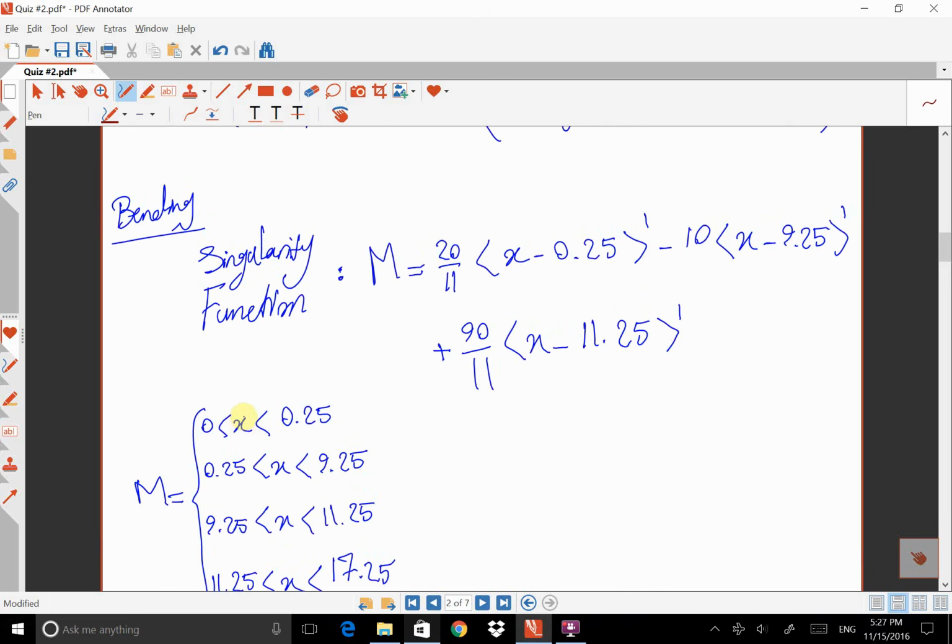For the first region, I'm going to pick a number between 0 and a quarter. If I pick any number in this region and put that here, the inside of this bracket will be negative, and because of the properties of the singularity function, the whole term will be 0. The same for this one and for this one. So the moment is 0.